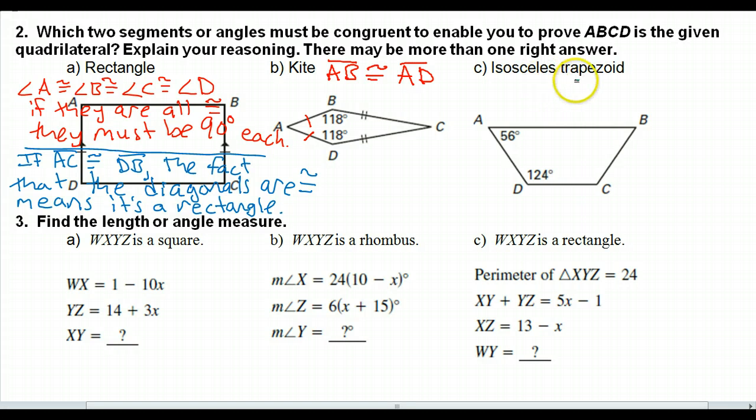For this to be an isosceles trapezoid, angle B would have to be 56 degrees to match this, and angle C would have to be 124 degrees.